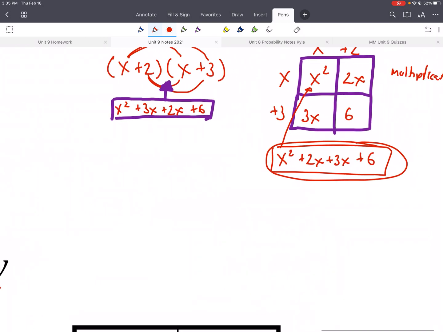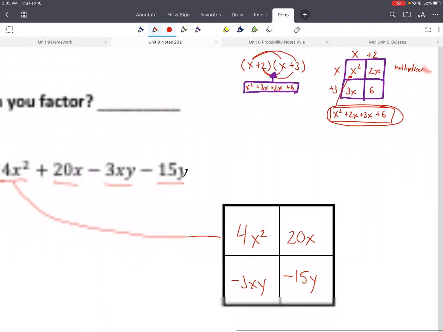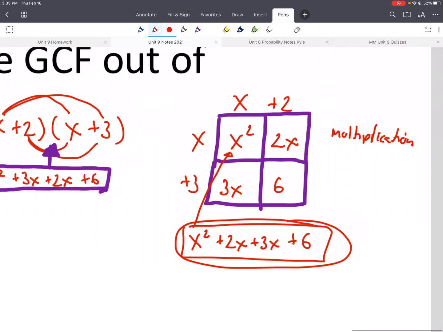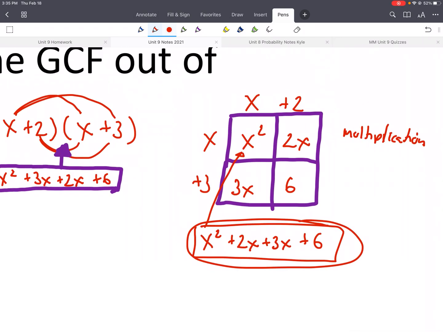It's the same thing that we just did, except we're doing it backwards. And when we did the box method here, we multiplied these things together to find what goes inside those boxes.